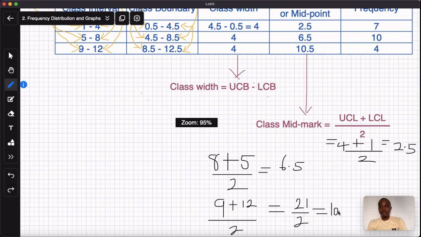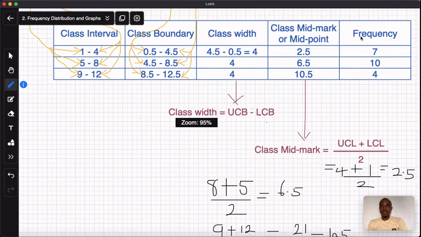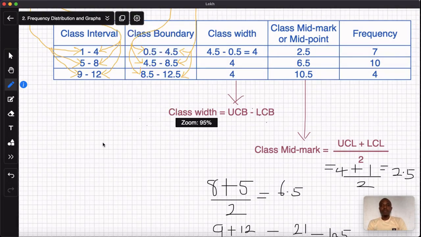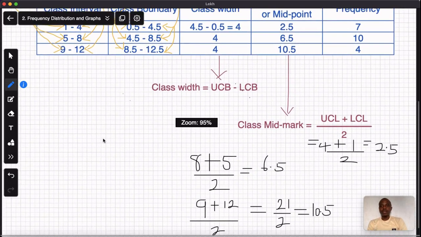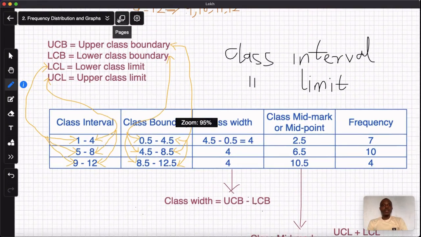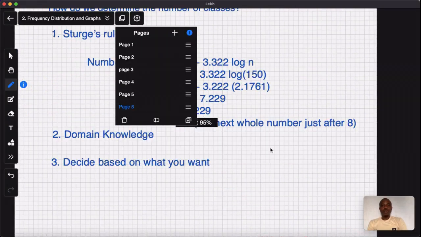That's what you can see here. All right, the next column is the column of the frequency. So we go on.